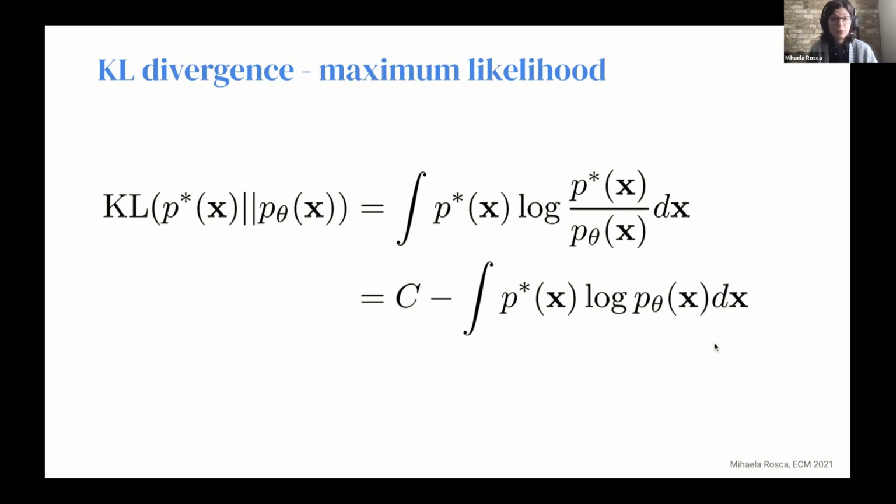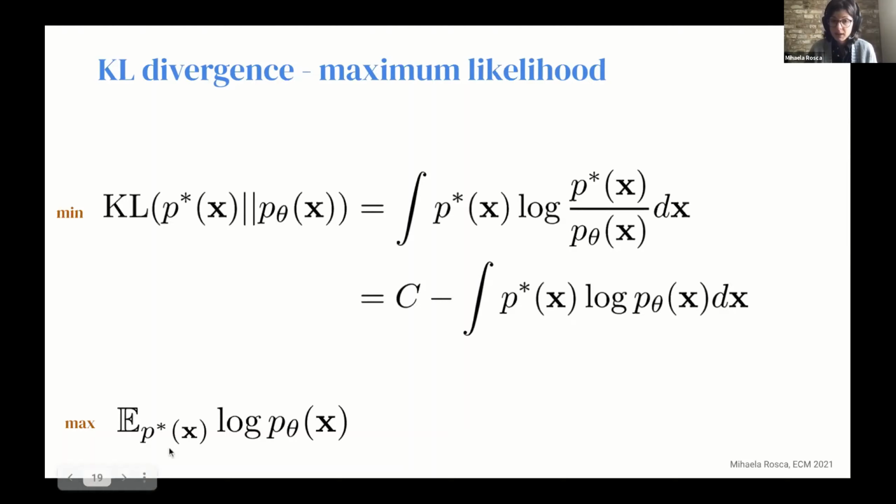This means that if we want to minimize the KL divergence between the true data and the model, that is equivalent to maximizing the expected value under the data distribution of the log probability that the model assigns to the data. This is nice because now we have something that only depends on samples from the true distribution. So we will use Monte Carlo estimation to evaluate this. And of course, we do have samples.